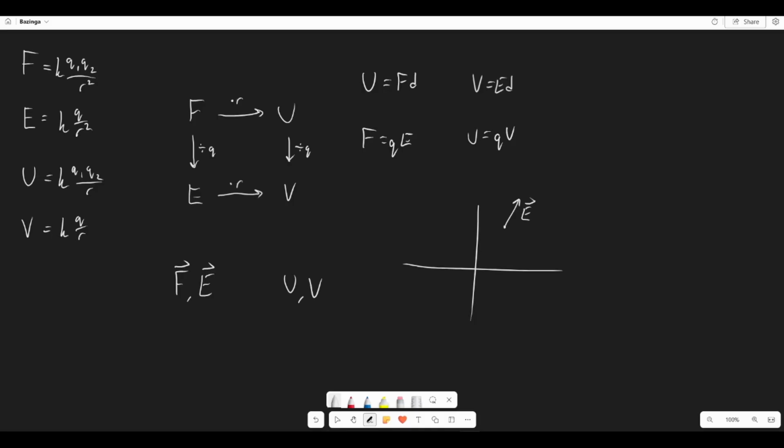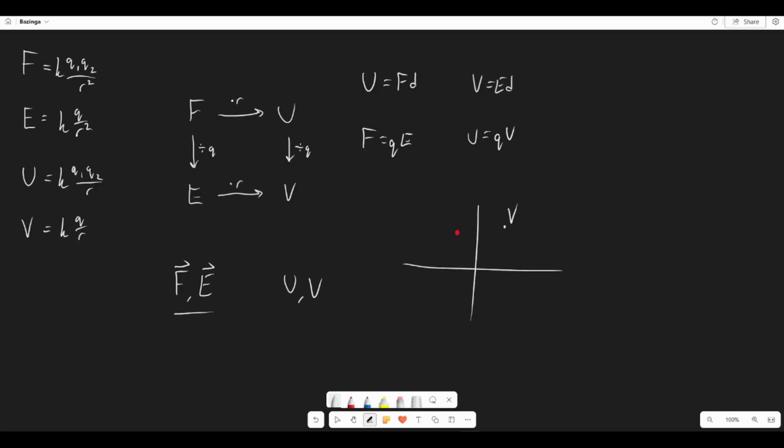This arrow is called a vector, hence why these are vector fields. The force vector will exist only if I have some particle that has a force exerted on it, but it will also be an arrow indicative of the magnitude and the direction of the force. In contrast, the voltage at a point will just be a number.